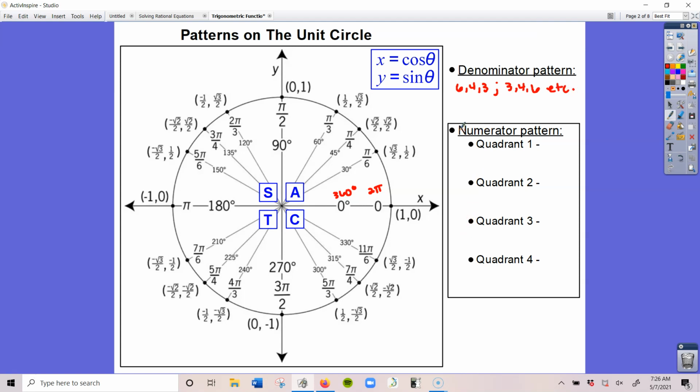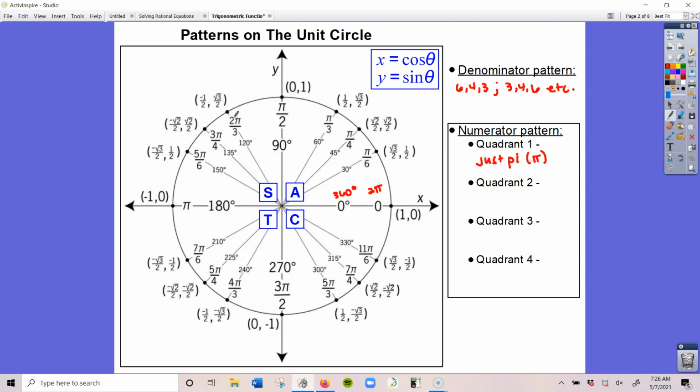Now we're going to look at the numerator pattern for these radian measures. In quadrant 1, the numerator is just pi. So if I ask you where is pi over 4, you would know that it's in quadrant 1 because the numerator is just pi. In quadrant 2, the numerator is 1 less than the denominator.